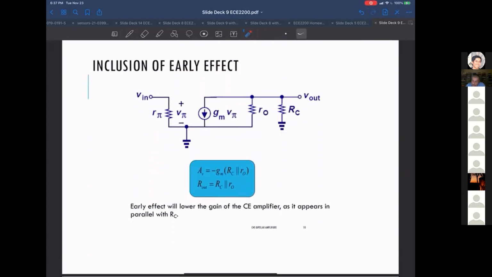Okay, so if you add the early effect to the common emitter model, it has a very simple but unfortunate effect. Basically you just end up sticking in this R sub 0, which is the early effect resistance. Remember, R sub 0 was V sub A over I sub C, where V sub A is the early voltage.